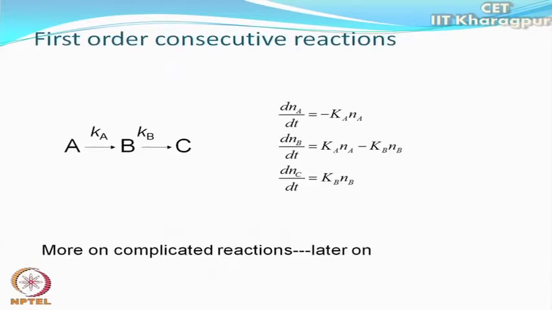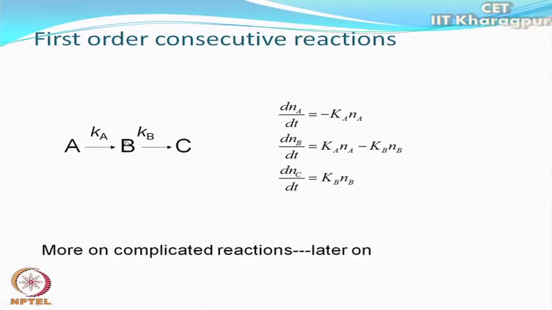Next, a little more complicated situation, that is first order consecutive reactions, that is A to B to C, that is A producing B, then B producing C. Here B is generated, and then from B, C is produced, so B is depleted. It is an increasing function, basically with time it builds up and with time it depletes.